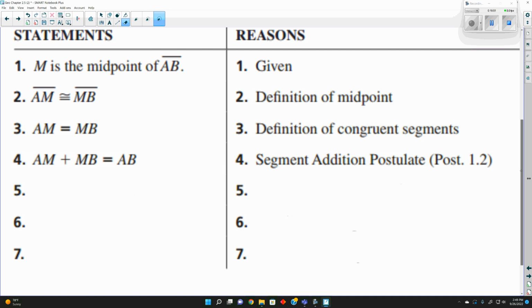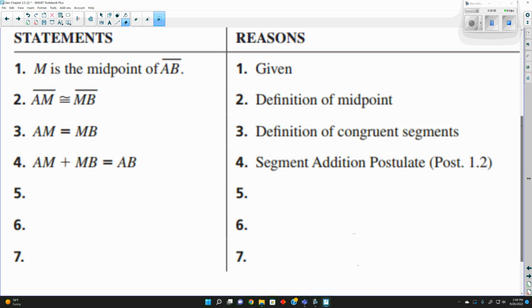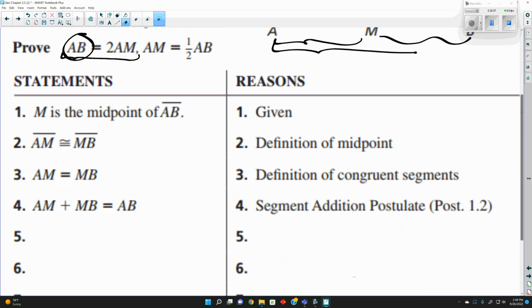So, okay, then we look to see, what are we trying to say? Okay, we're trying to talk about the whole segment. Because of our segment addition postulate, we can say the whole segment AB is equal to AM plus MB, yes? Now, what are we trying to prove? That AB is equal to 2 times AM.